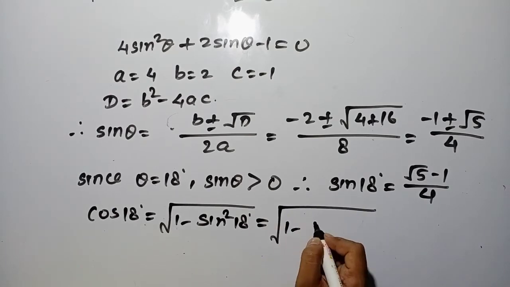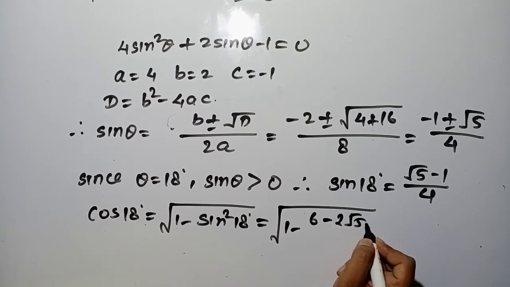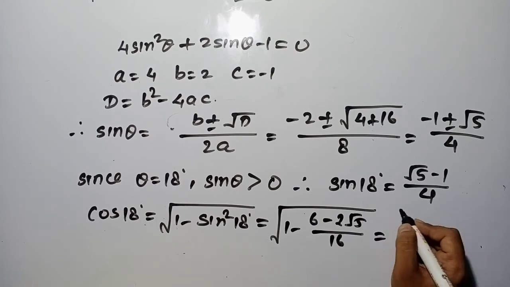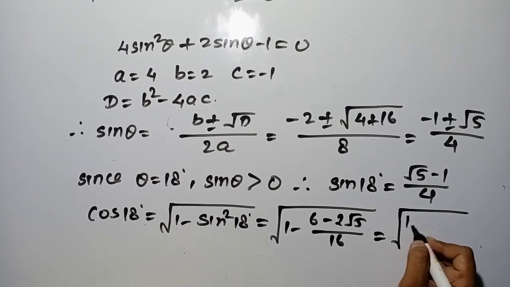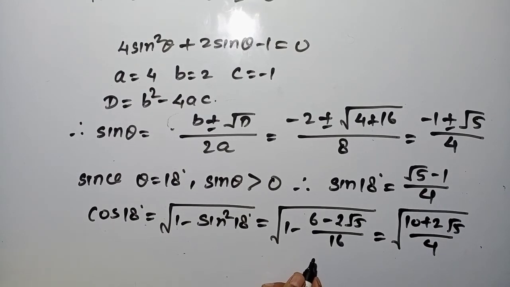Now putting the value of sine 18 degrees, so squaring sine 18 degrees, we put the value over here, and we can simplify these things by doing the cross multiplication. So here we are getting the simplified form: root of 10 plus 2 root 5, by 4.